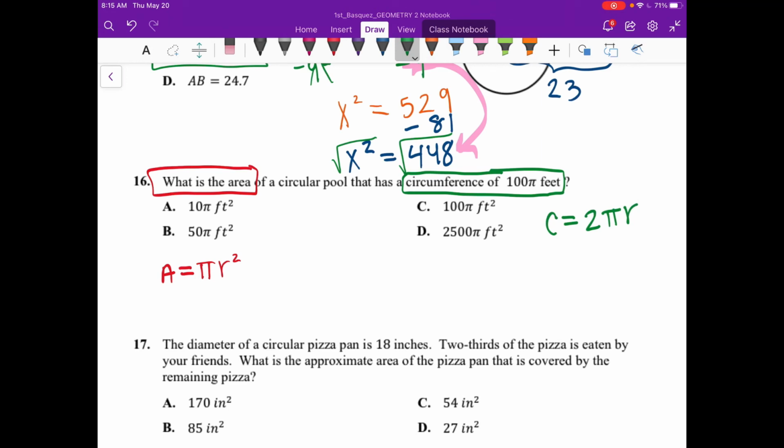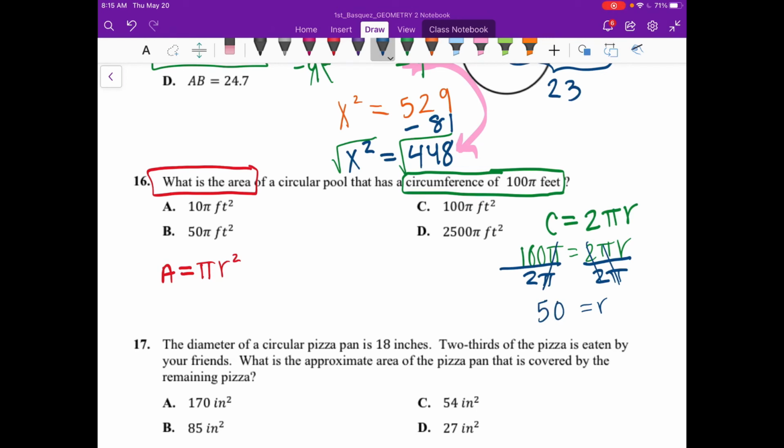So I would need the radius to find the area, but I don't have the radius. I do have the circumference though. The circumference is 2 pi r, and I need to solve for that radius. So I'm going to solve for the radius by dividing both sides by 2 pi. So I'm going to cancel those. I have r here. And then I have 100 divided by 2, which gives me 50.